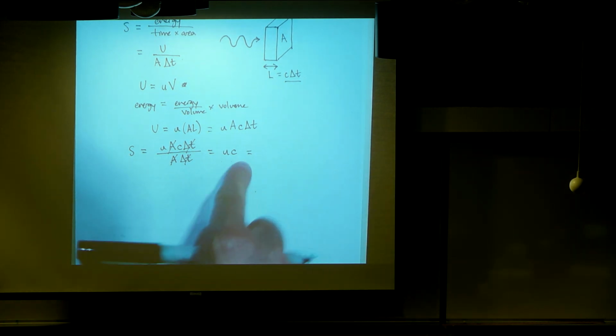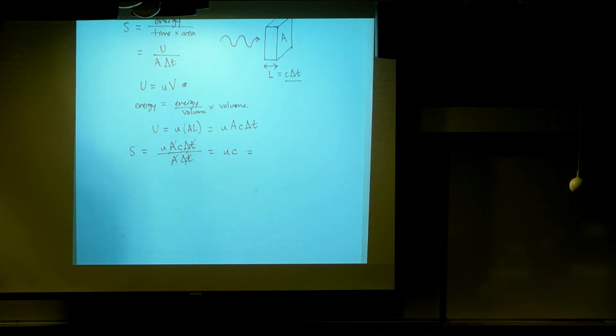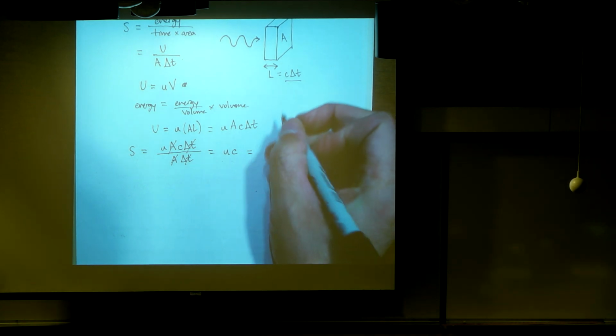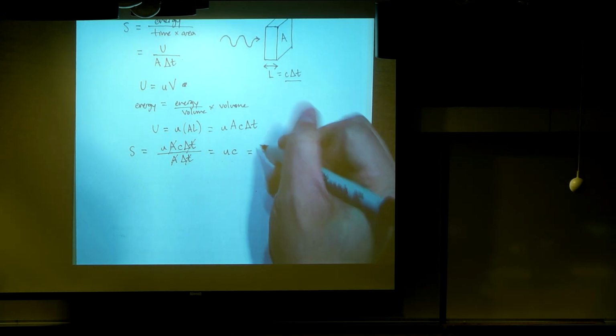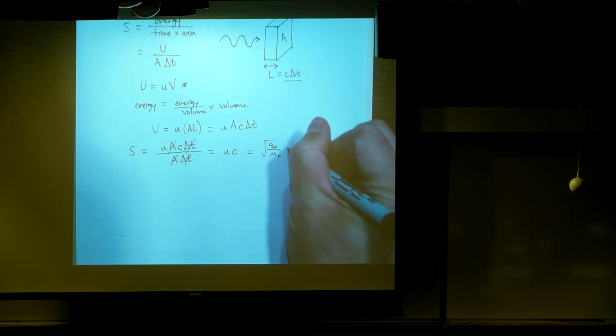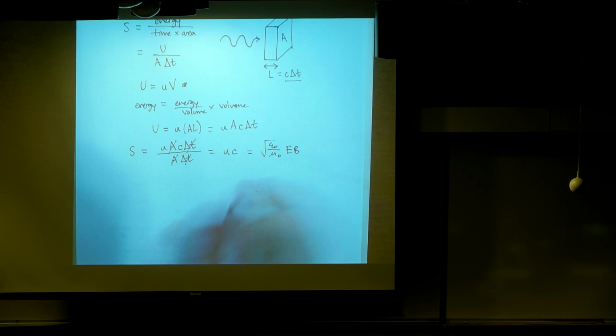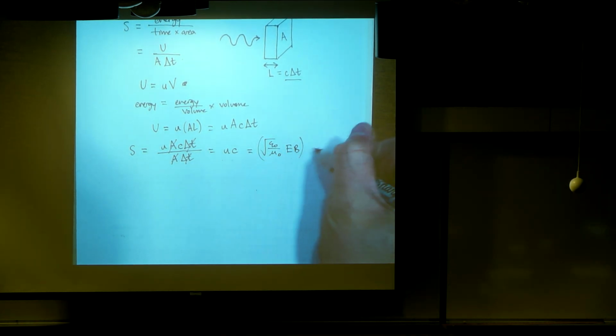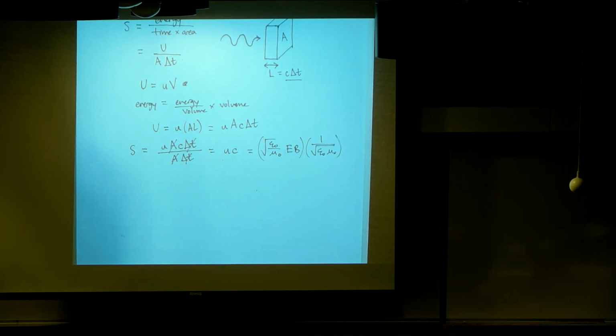And for the energy density, I'm just going to pull out the result we just derived. This right here is the square root of epsilon naught divided by mu naught times E times B. And then C, that's the same as 1 over the square root of epsilon naught times mu naught, right?